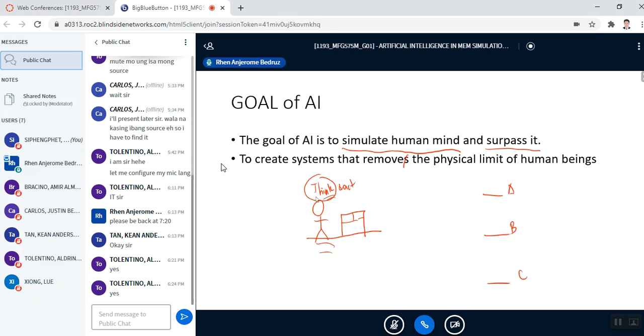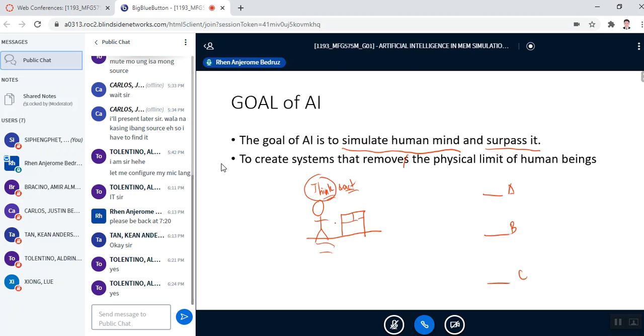What's good is that our brains are very, very complex and sophisticated. So it's very hard to create a program that could match our brains. But the limitation of human beings is the action.